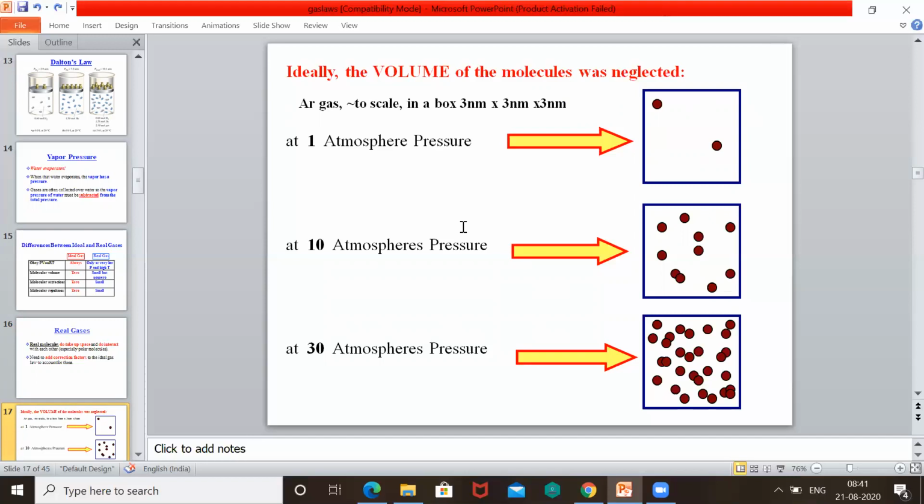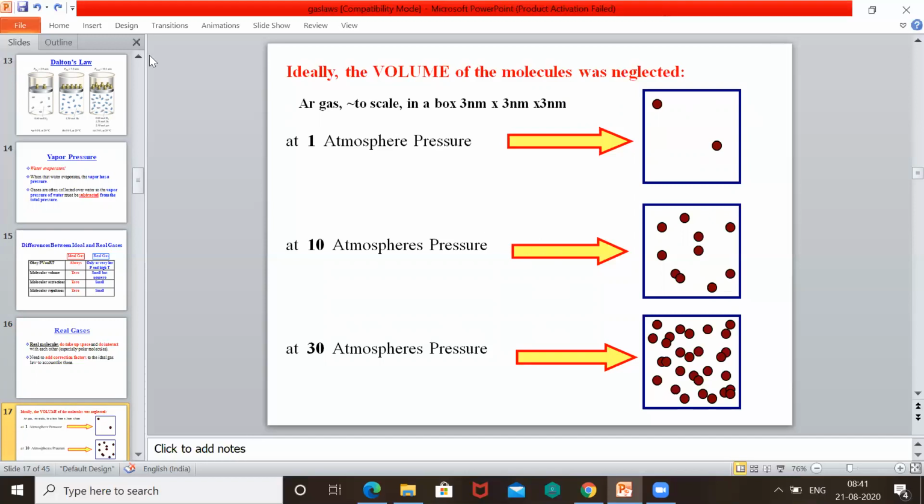As a result, pressure changes. And there are two corrections in the ideal gas equation, pressure correction and volume correction. In the next class, we will see what the pressure correction and volume correction are, and that becomes the van der Waals gas equation.